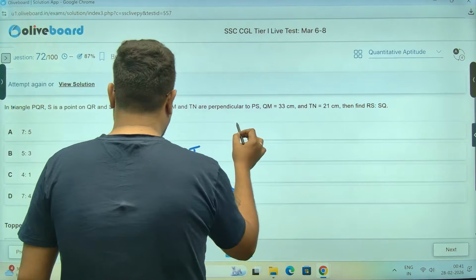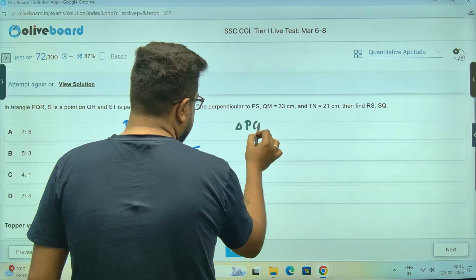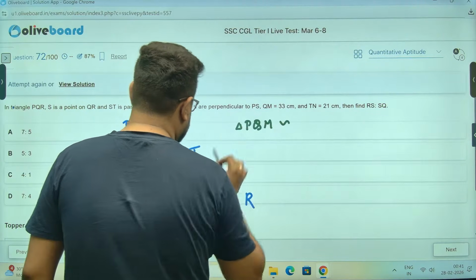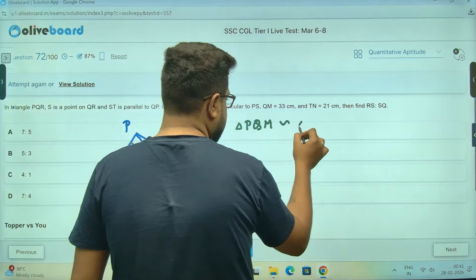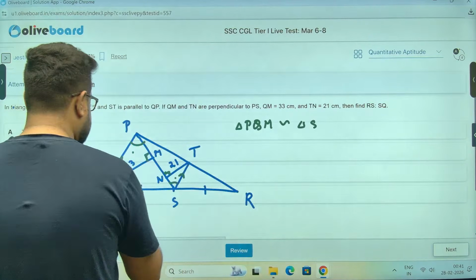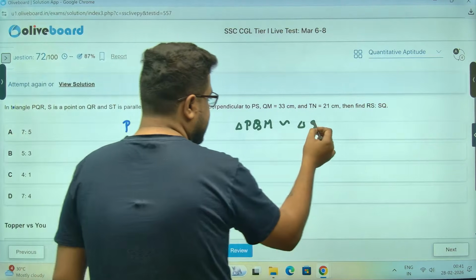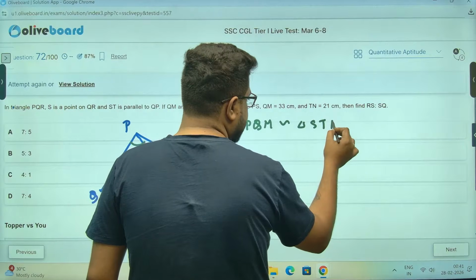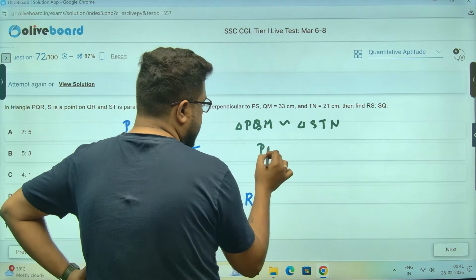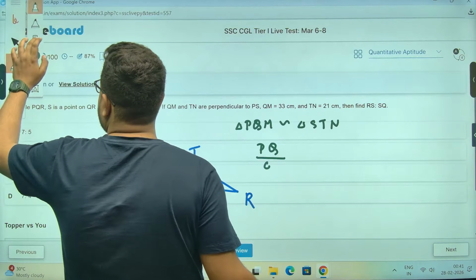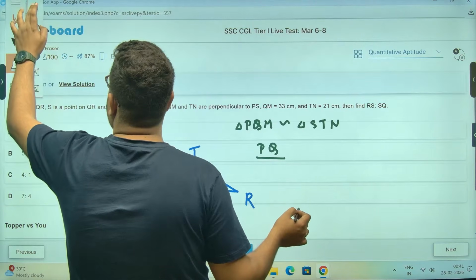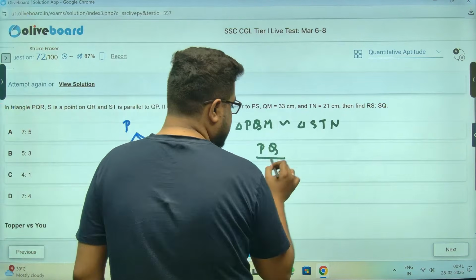But again, let's write it properly. Triangle PQM is similar to triangle SQ... Q is this angle which is equal to T, STN. So from there, PQ by ST, first two by first two.